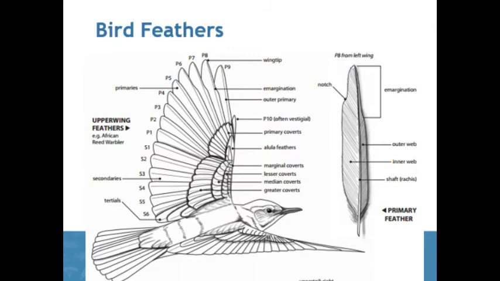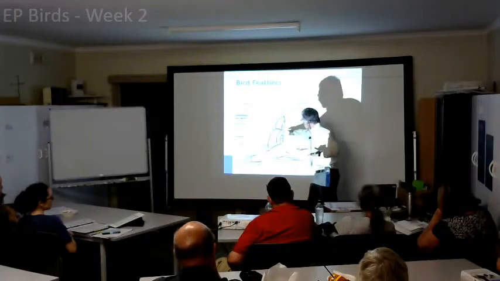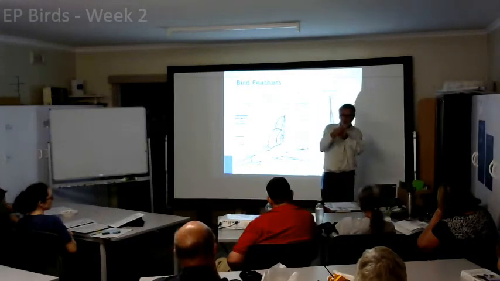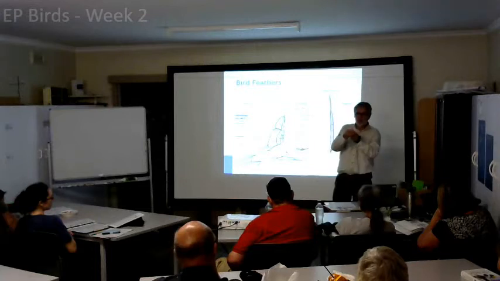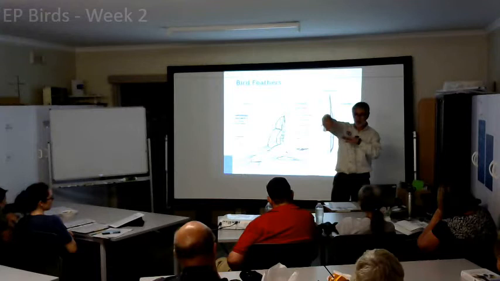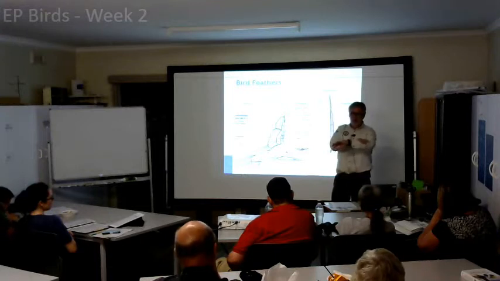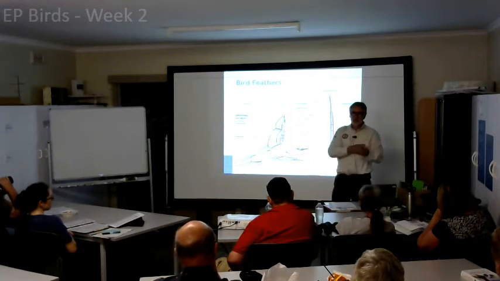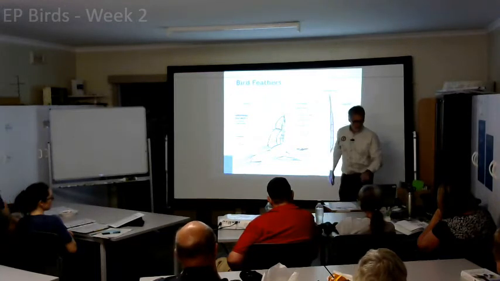So where the wrist is on the bird, you've got the thumb and a couple of remnant bits of fingers, and the feathers that come out from the carpals down, they're the primaries, and then on your wrist down to your elbow, you've got your secondaries and then your tertials. Okay.